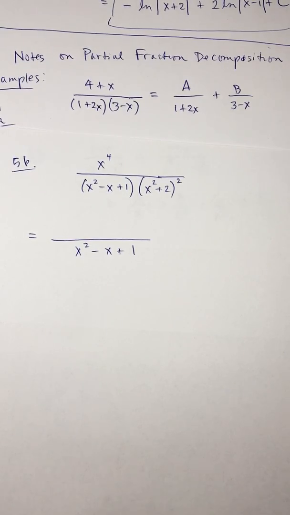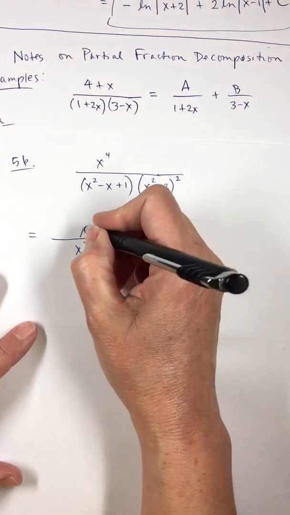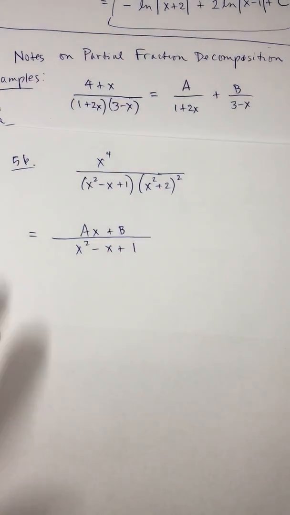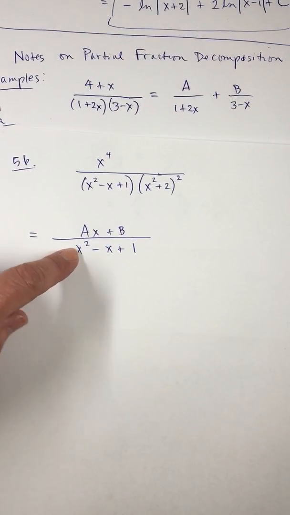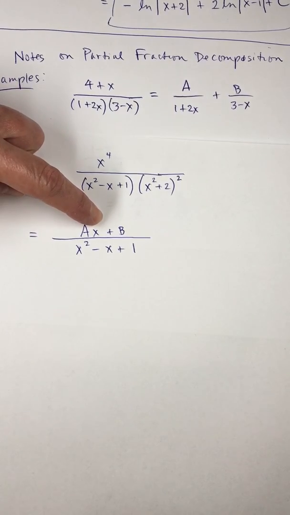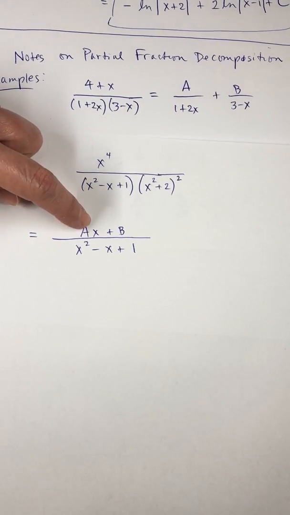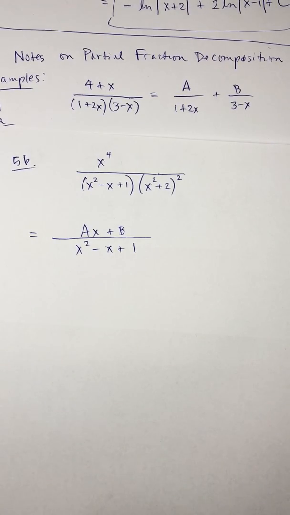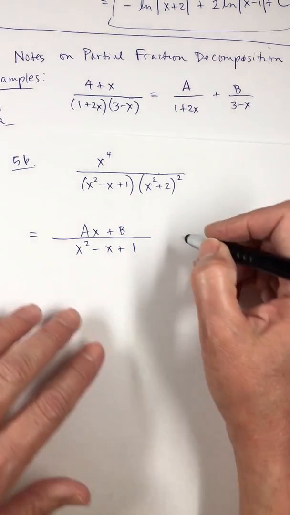The numerator is going to be Ax plus B. Whatever the degree is in the denominator, in this case it's a 2, then the top is going to be 1 less than that. So A times x to the first plus some number B.